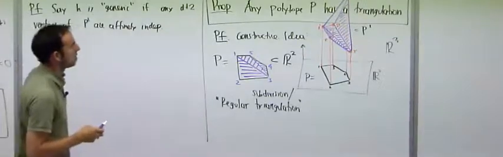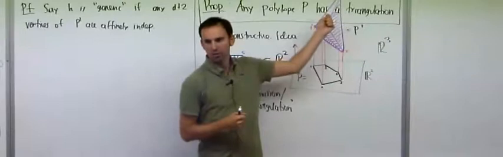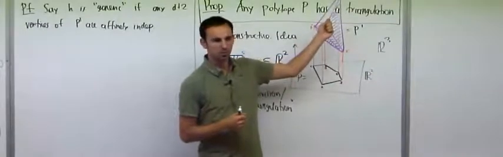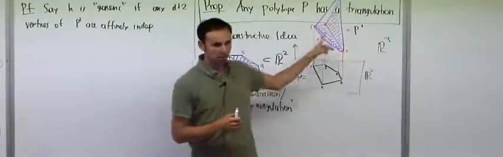Okay. So what I'm saying here is that any 4 of these lifted vertices are affinely independent. Okay. They don't lie on a plane. They form a 3-dimensional thing.